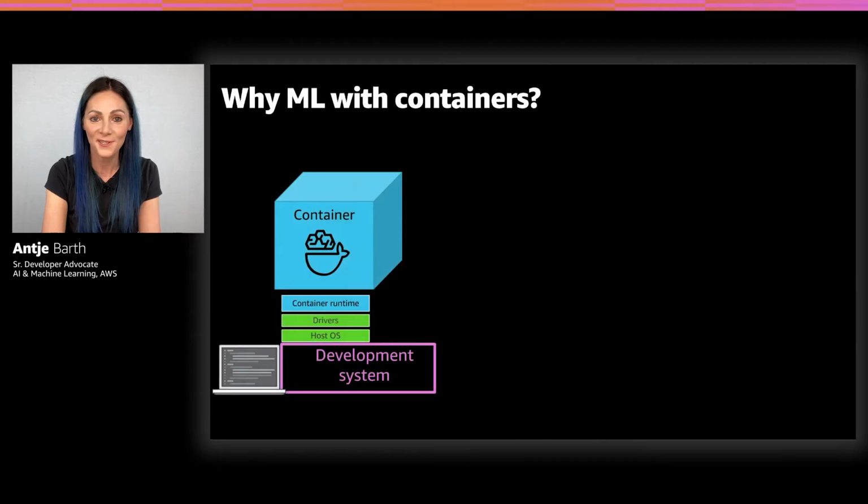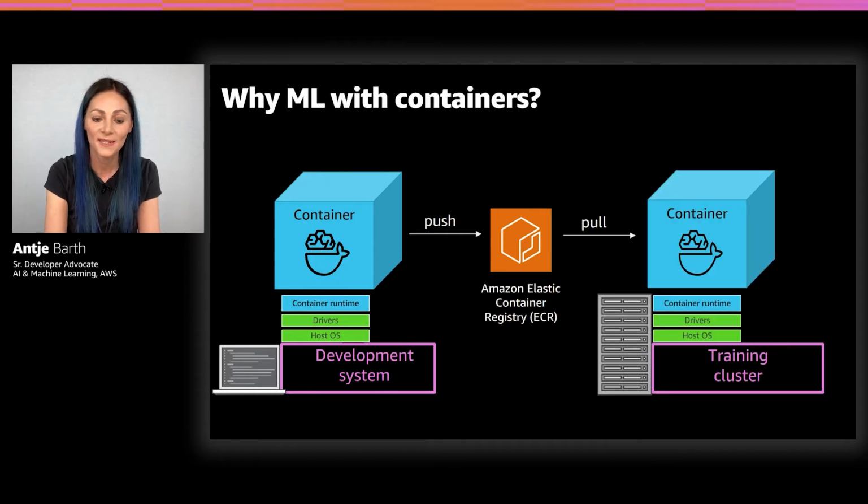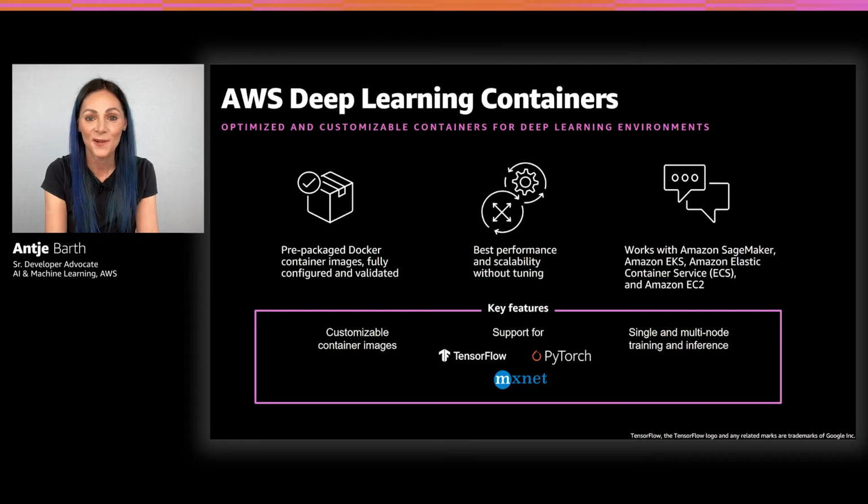So once you've packaged everything as a container, you can then simply push it to a container registry, such as the Amazon Elastic Container Registry, ECR, and then in another environment, do a pull and run the container there. And the good news is that you don't have to develop the Docker images yourself.